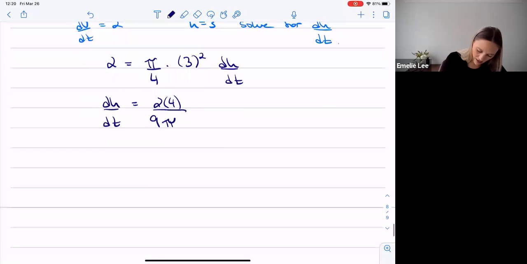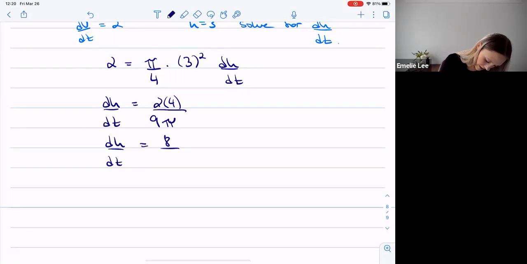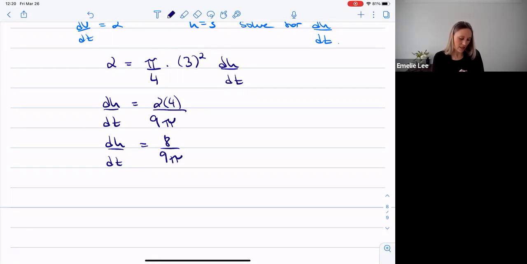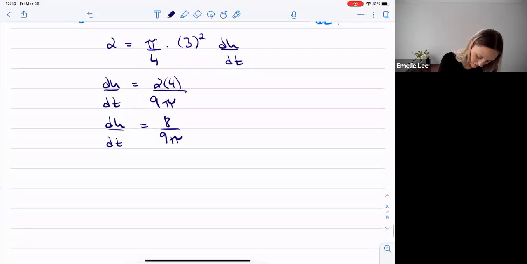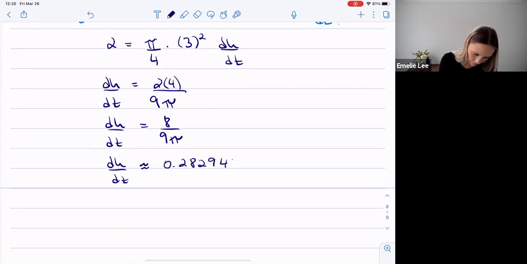Okay, putting me at dh/dt is 8 over 9 pi, which I can calculate as 8 divided by 9 times pi, making sure that pi is in the denominator. I get dh/dt is roughly 0.2829421211.